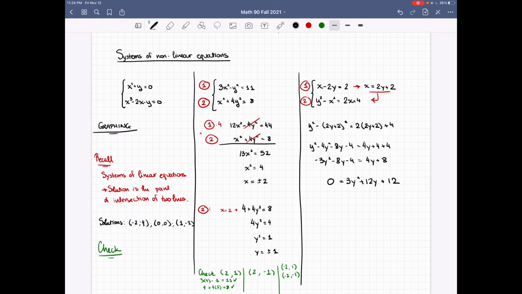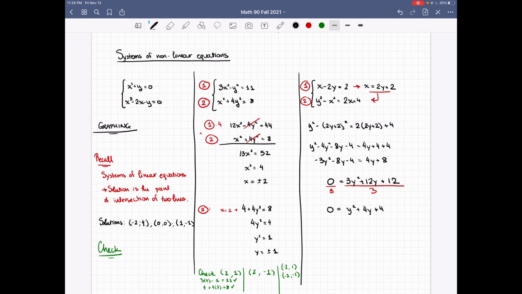So conveniently, what you'll notice here is that everything is divisible through by 3. That'll help me a lot with factoring and seeing the solutions, because it'll make it so that my leading coefficient is 1. So I'm dividing both sides by 3, and that gets me y squared plus 4y plus 4 is equal to 0.